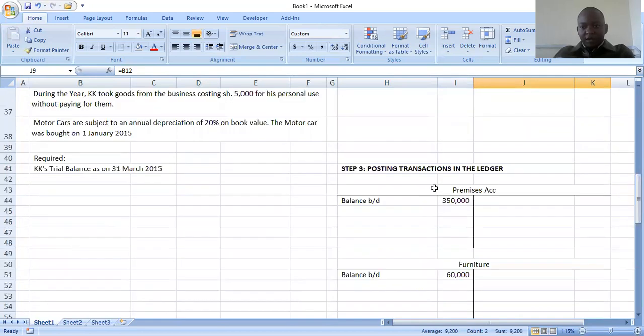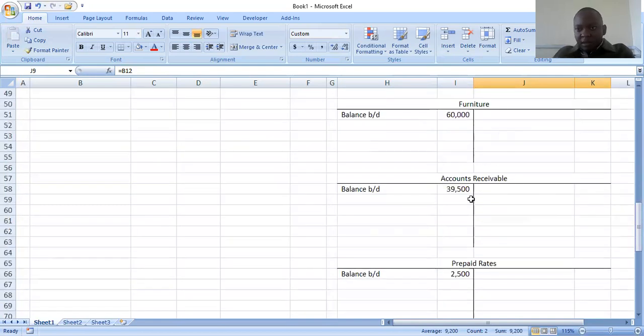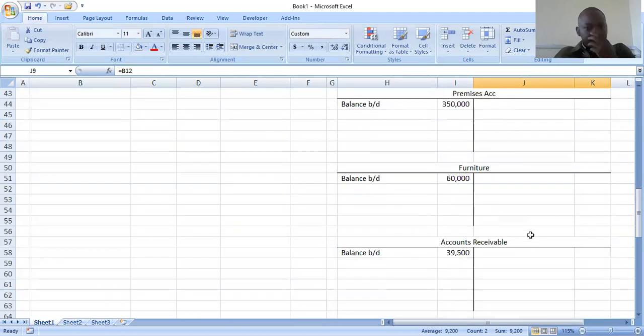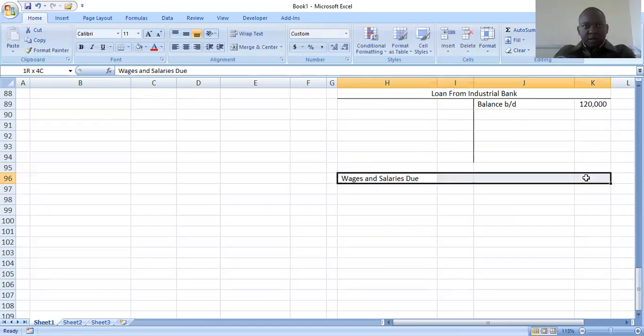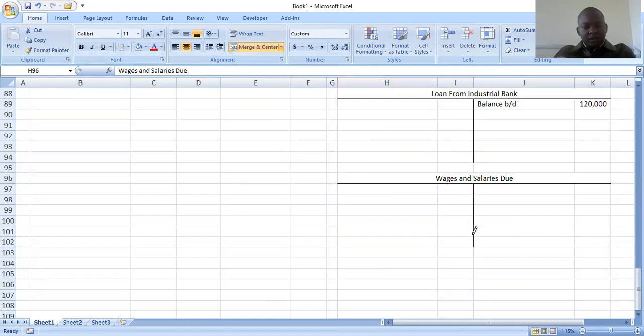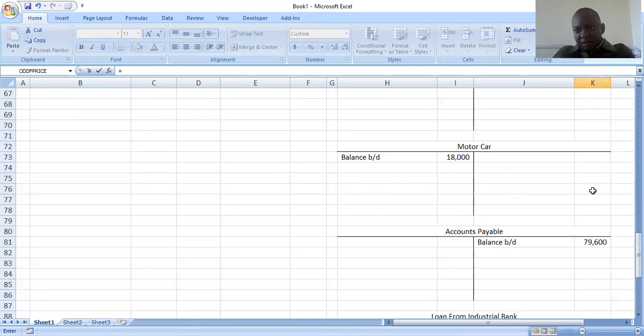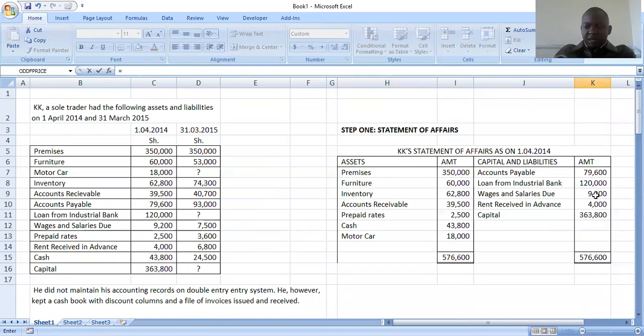So you open an account for wages and salaries due. Being liabilities, you always have a credit balance. The balance carried down amount is 9,200.